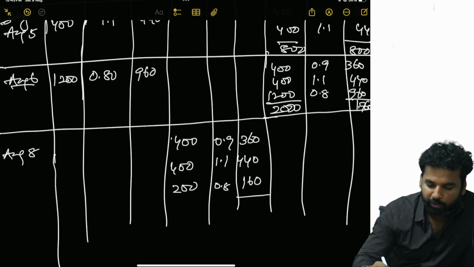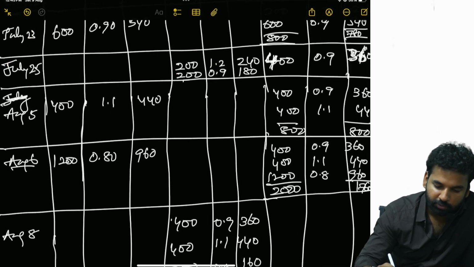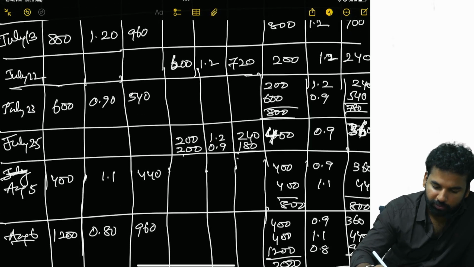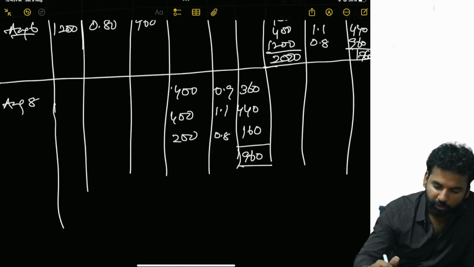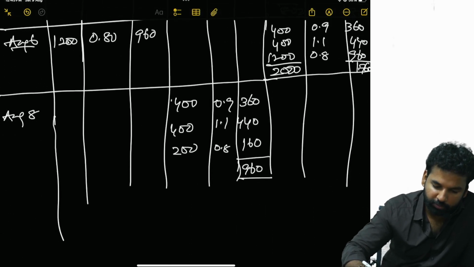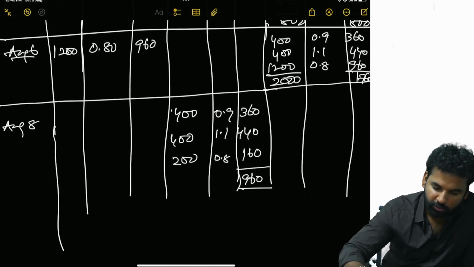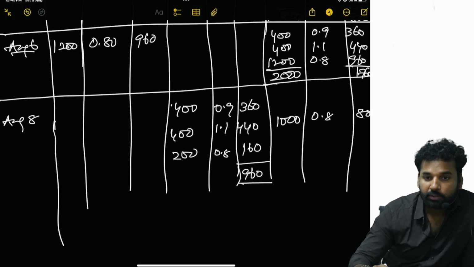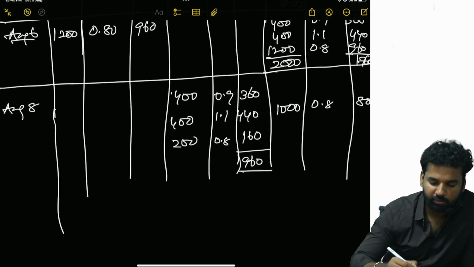Okay. 800 and 960 rupees is the total value. Here also you can give the total. How much will it be? 960. So what will be the closing stock? 1000 of 0.8, which equals 800. Okay. Any other? This is the last.